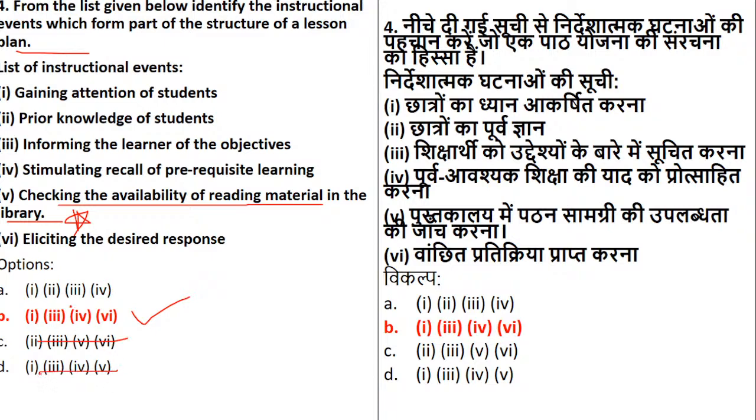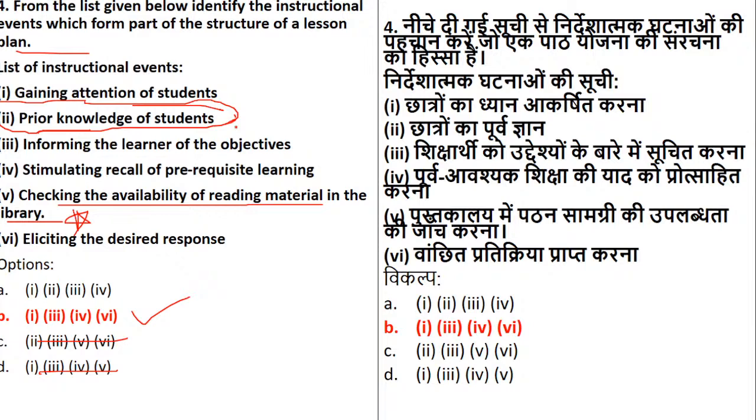Okay, so the options left are option number A and option number B. Now if you see eliciting the desired responses. Okay, now if you read all the options again very carefully, there is one option called prior knowledge of the students. See, whenever a teacher prepares a lesson plan, the teacher has to accept the students the way they are, whether they have prior knowledge or they do not have knowledge.